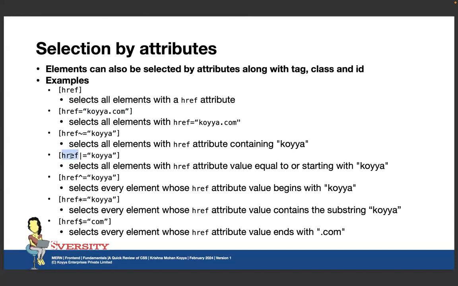It selects all the elements where href is an attribute and its value is either Koyya or starts with Koyya. Here it selects all the elements where the value of that attribute starts with Koyya only. And here, anywhere, it selects any element in which href is an attribute and its value contains Koyya, a substring that contains Koyya.